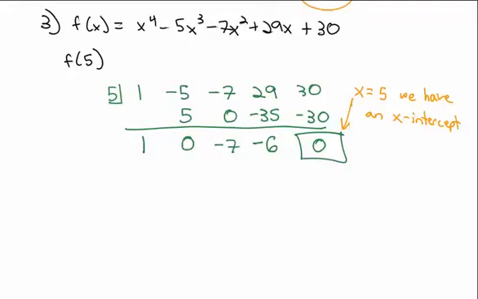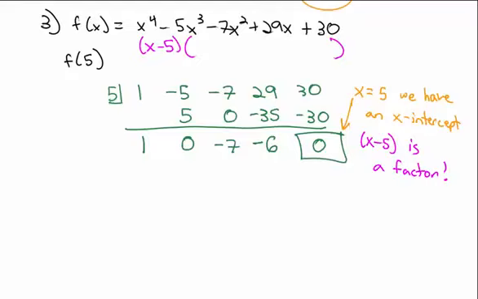What this also means, if I subtract 5 from both sides of this x equals 5, x minus 5 is a factor. We should be able to factor x minus 5 out of this big thing. This big thing is x minus 5 times something.